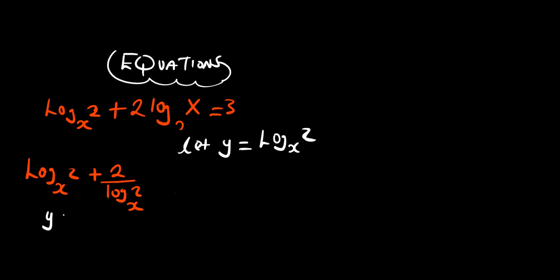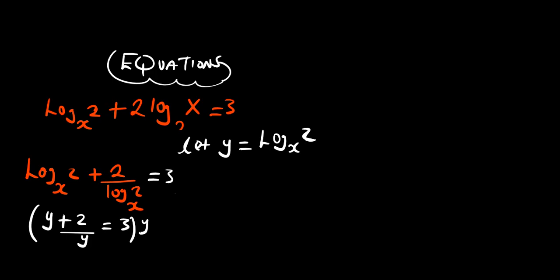I'm going to have y plus 2 over y. So don't forget this is equal to 3. We formed an equation. So what do we do? We have to solve, or what I'm going to do, I can multiply by y throughout.